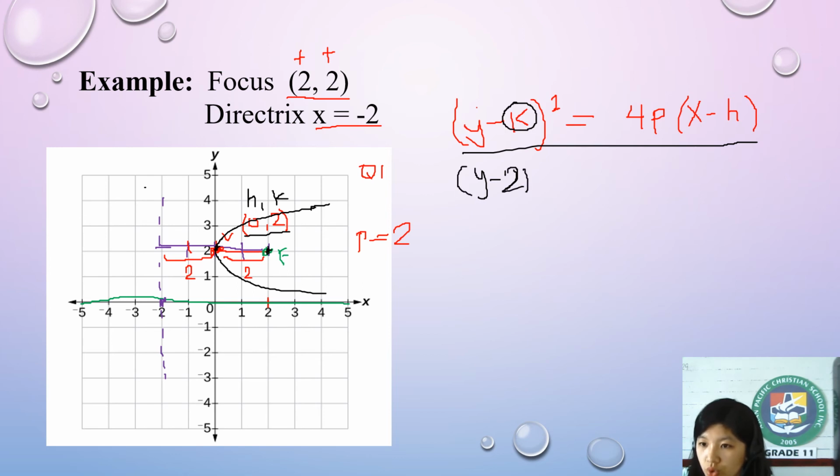Then, squared equals 4, ano yung P natin? We have 2. Then, yung x natin will be x minus yung 0, which is h. Asan yung h natin? Ito, 0.